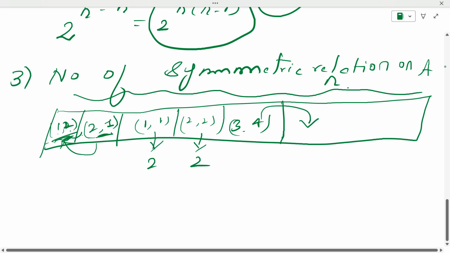Okay, so first let's take the 1 1 pair, 2 2 pair. How many will it be? Like n. So for these n elements we have the possibility that each can be present or it cannot be present. For the remaining n square minus n, if 1 2 is present, then 2 1 has to be present. If 3 4 is present, 4 3 has to be present.